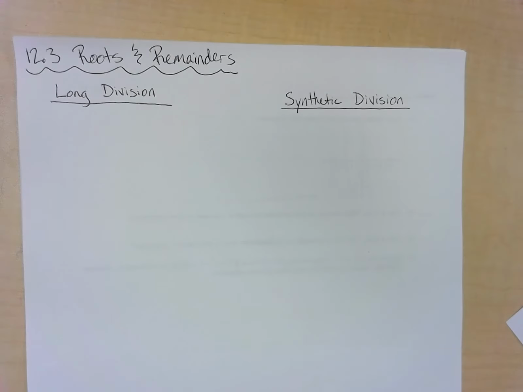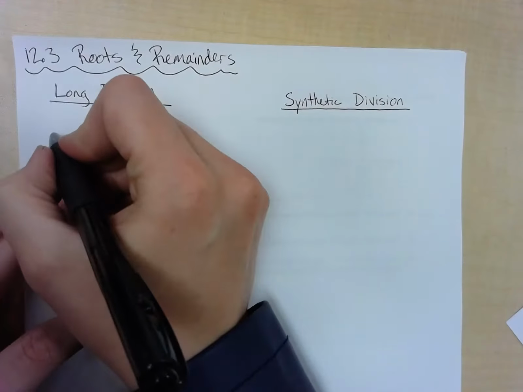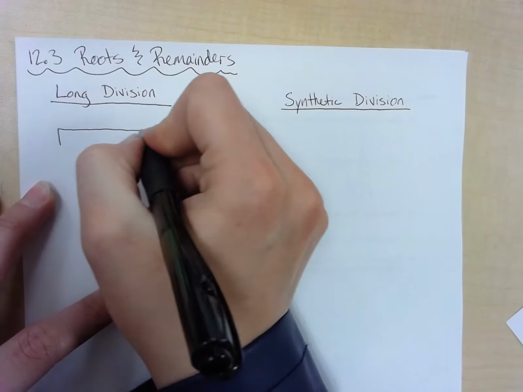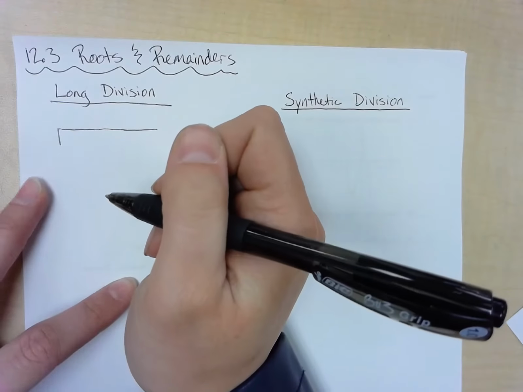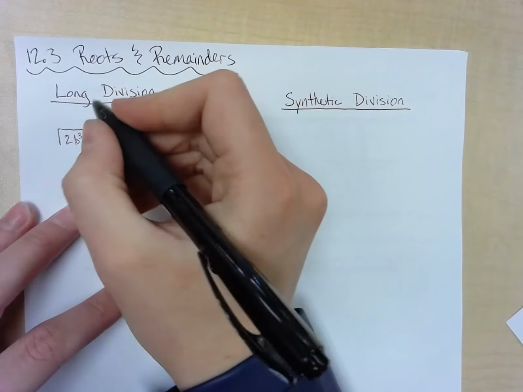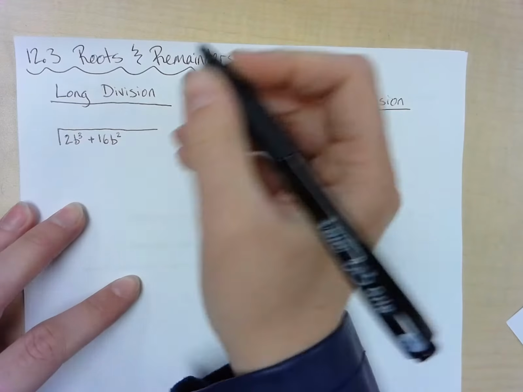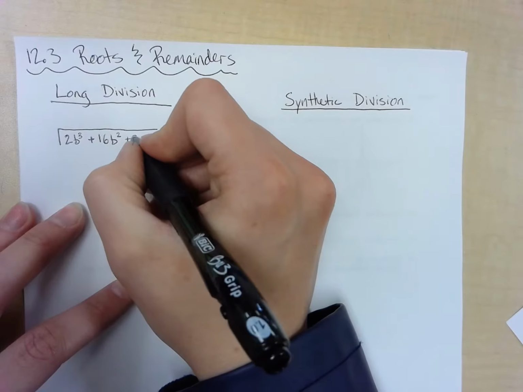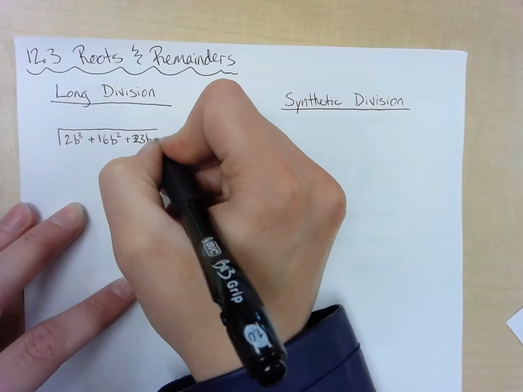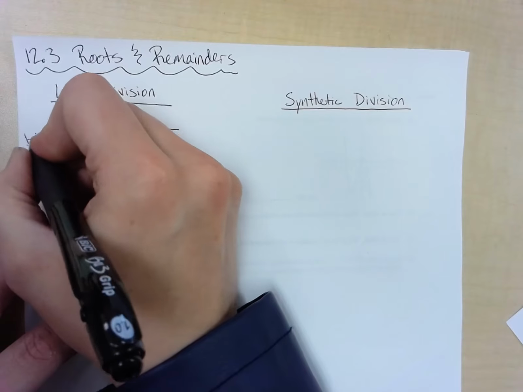Okay, so for example, let's say I'm going to do 2b cubed plus 16b squared plus 23b minus 2 divided by b plus 6.